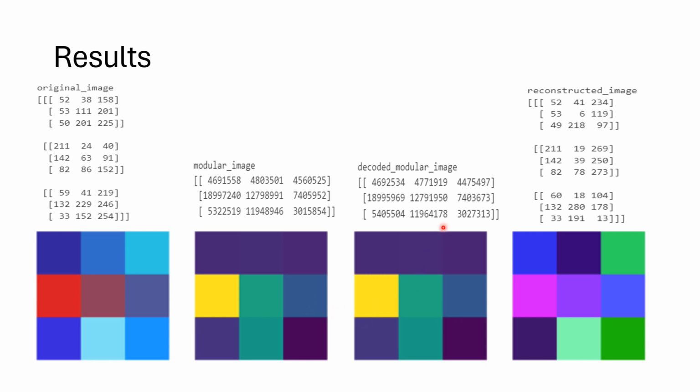But a problem arises when you want to undo the modular encoding. That when you convert this value back to the original three values that you started with, to the RGB values, this converts back to 52, 211, 59, and this converts back to 52, 211, 60.